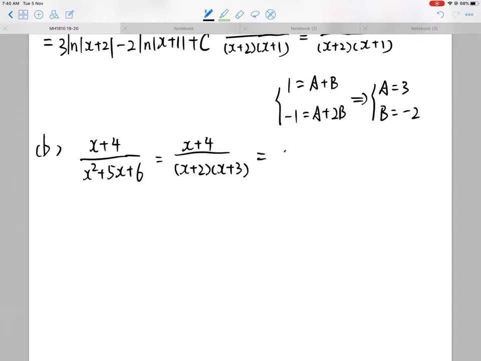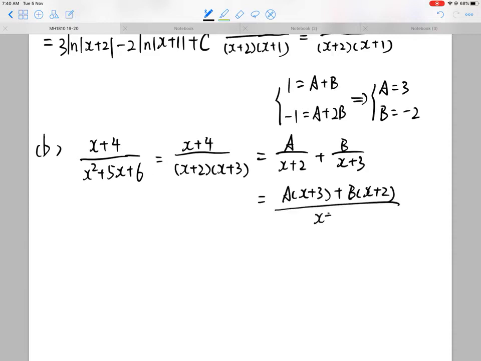So again, it's A over x plus 2 plus B over x plus 3, which is A times x plus 3 plus B times x plus 2, over x plus 2 times x plus 3. So read the coefficient of x: 1 equals a plus b.